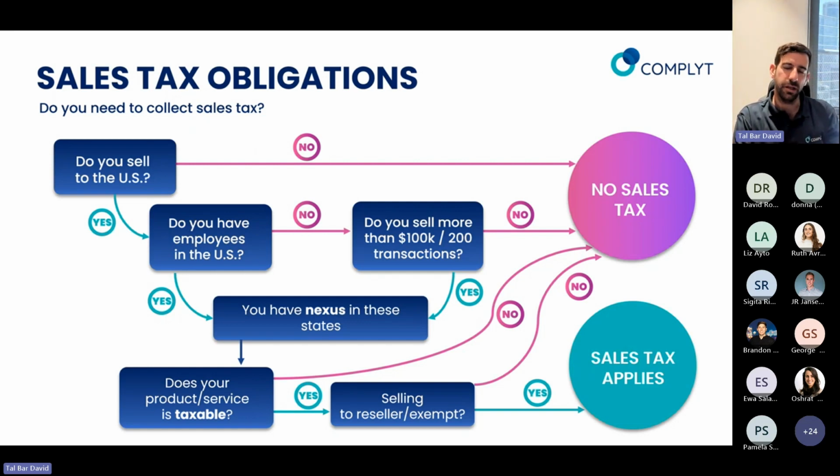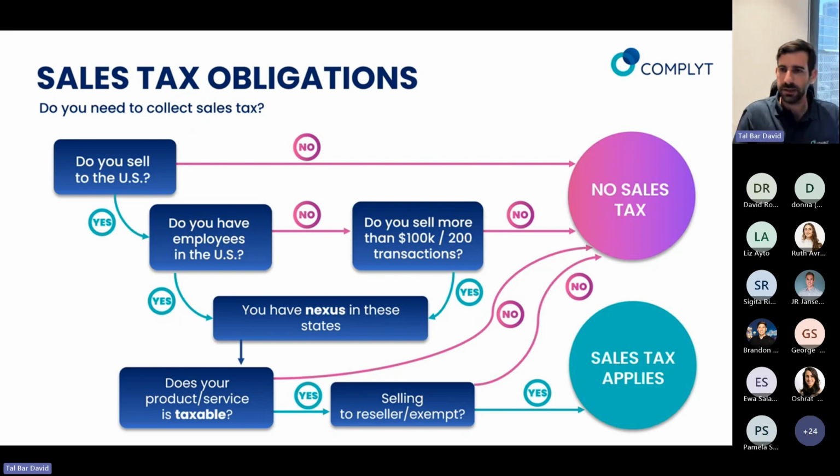Sometimes, as I said at the beginning, sales tax is a consumption tax. So it means that you should collect sales tax only when you are engaging the end user, the end client. So usually transactions with resellers or distributors are exempt from sales tax.